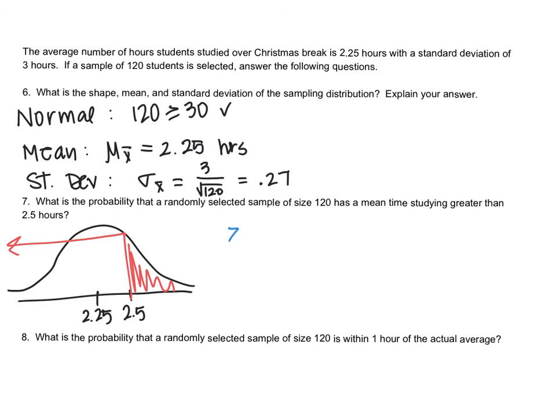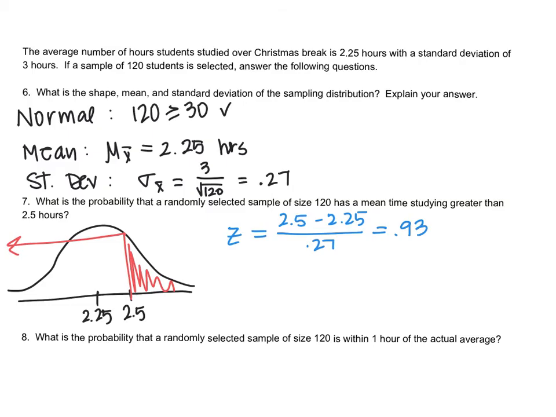We're going to calculate our z-score. So we have 2.5 minus 2.25 divided by 0.27. And we're going to get 0.93.